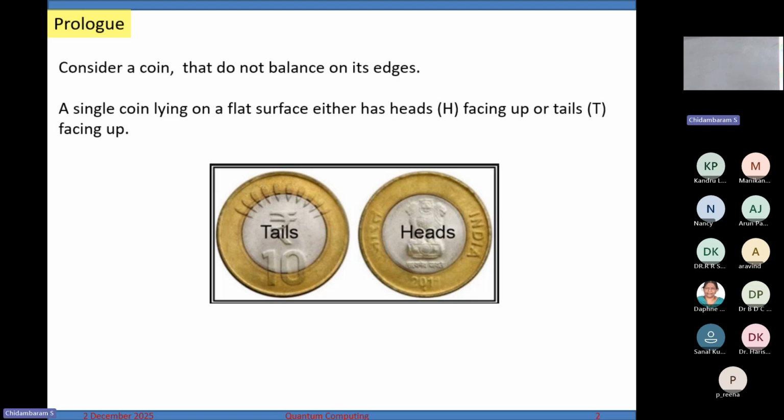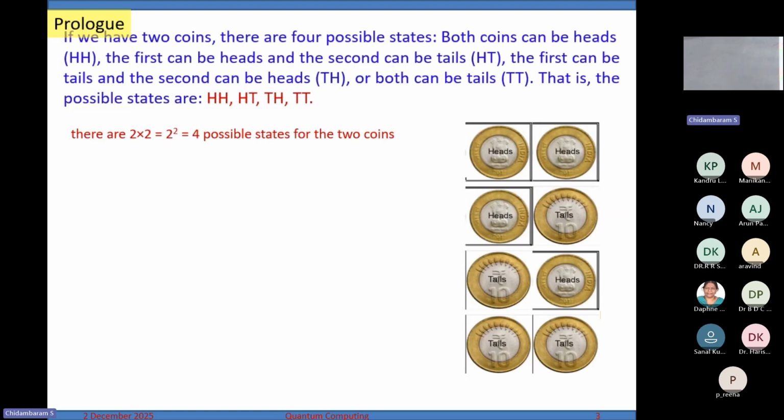A coin has two faces, head and tail, and when you keep the coin on a flat surface, it faces either head or tail, meaning we say that the coin has two states, which is head or tail. Now imagine, when I have a single coin, I have either a head or a tail.